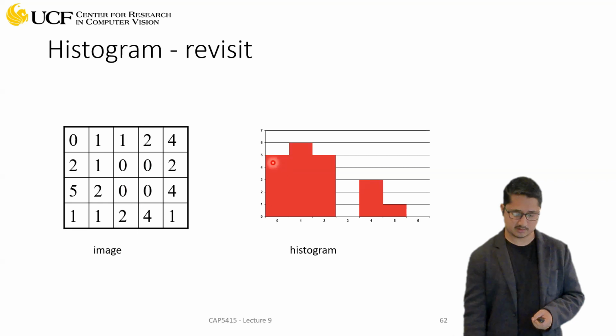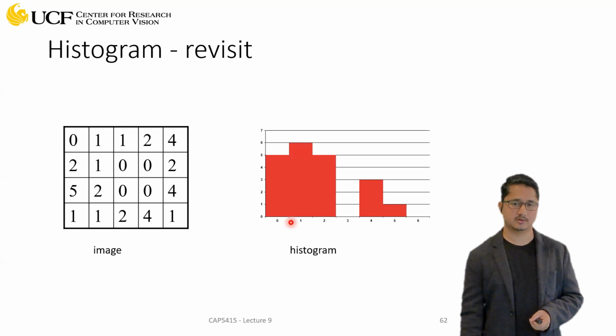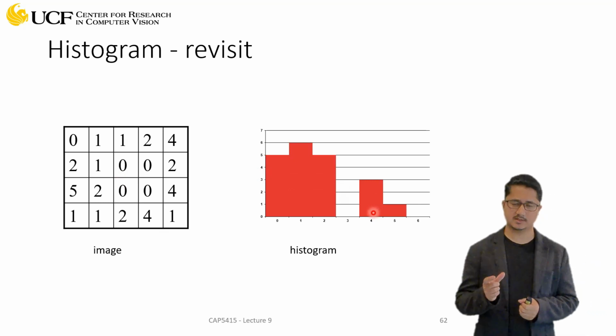So it's going up to this point, saying that 5 pixels had an intensity of 0. And similarly, you can count 1, I think that's 6, so it's going up over here. Similarly, for each bin, you can count the number of times that value is actually occurring in the input image. And that's a very simple histogram. So that's the basic formulation.